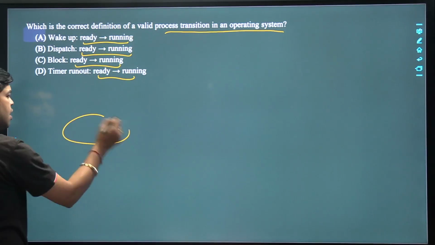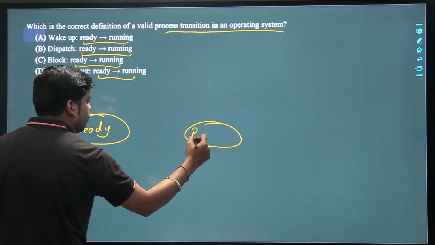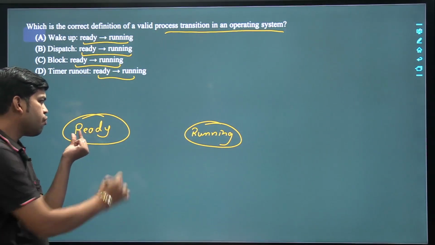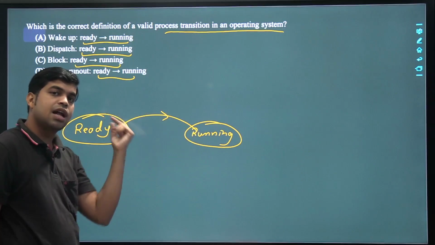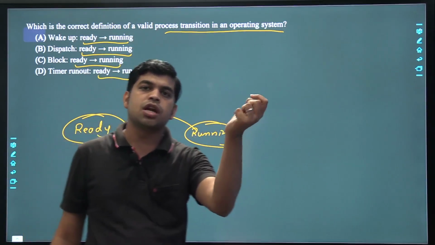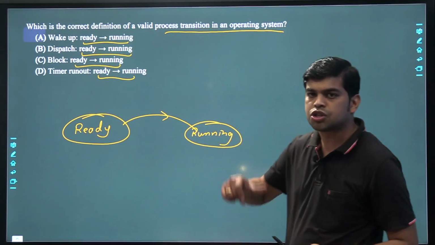We know that when the process moves from ready to running state, we allocate the CPU to that process, and this task is done by the short term scheduler. The process is selected by the short term scheduler and the dispatcher is responsible to dispatch that process to the CPU.